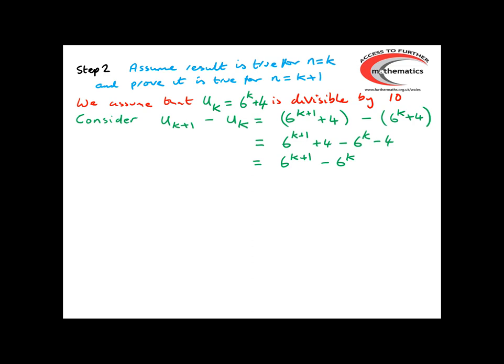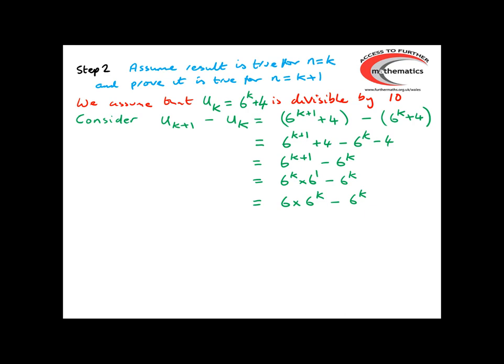Now we need our little bit of indices work again. The laws of indices tell me that 6 to the k plus 1 is the same thing as 6 to the k times 6 to the 1. And 6 to the 1, of course, is the same thing as just 6. So I've got 6 lots of 6 to the k, take away 6 to the k. Well, 6 lots of something, take away the something, simply gives me 5 lots of the something.